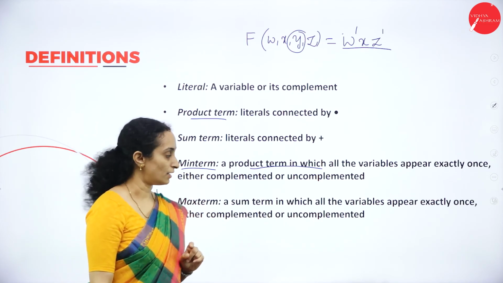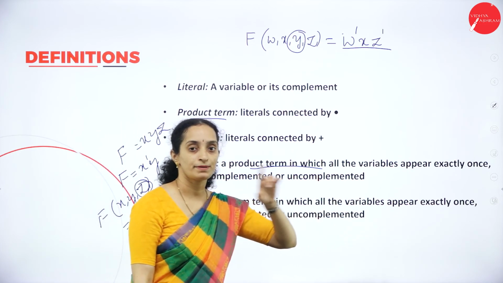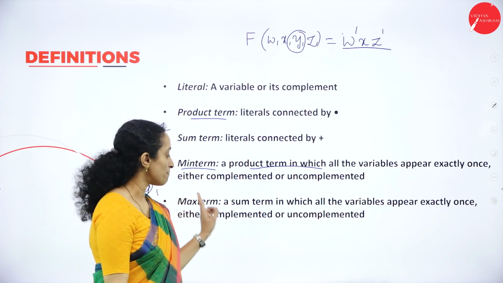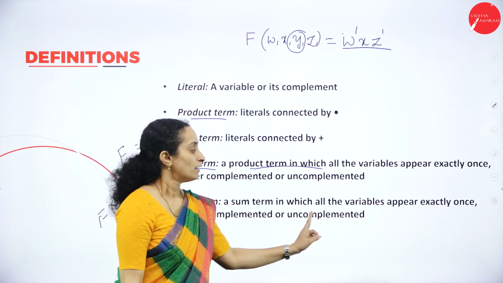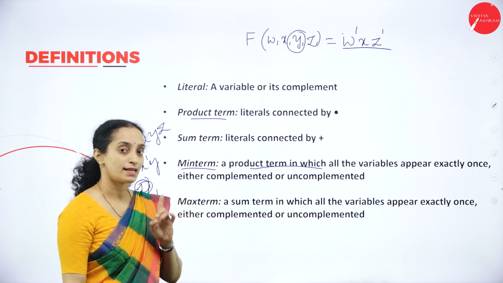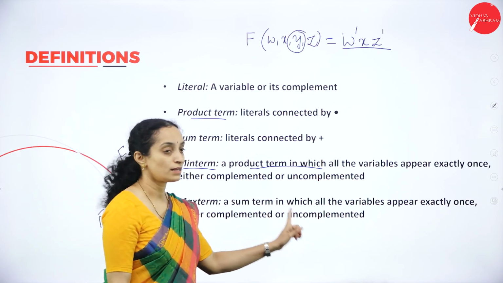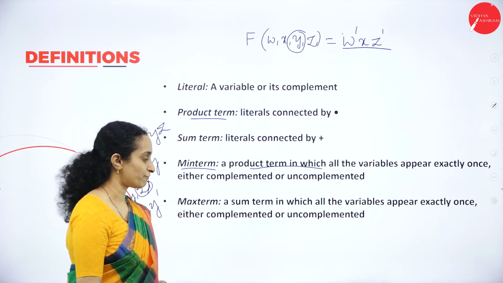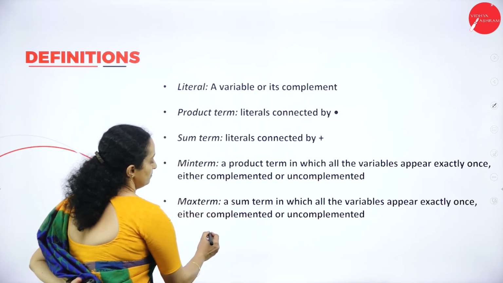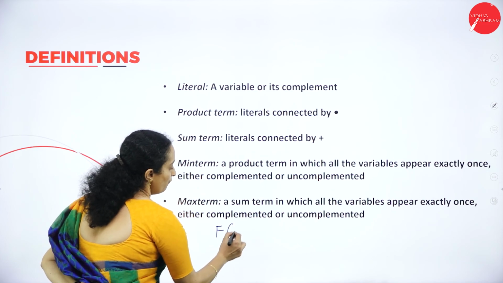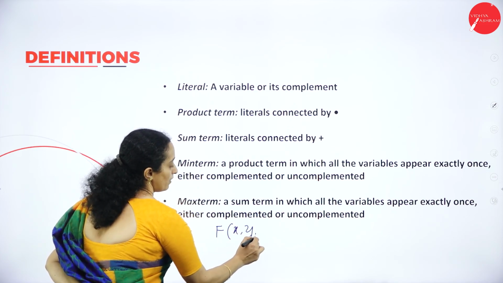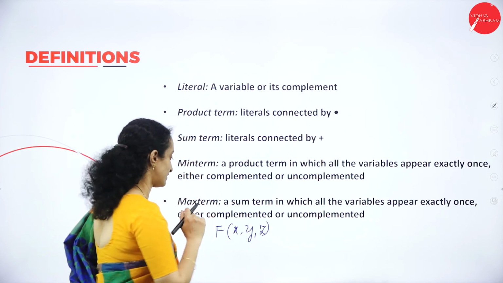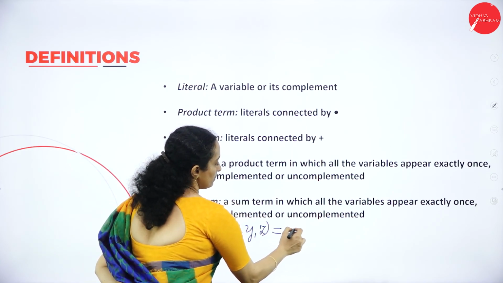It is a sum term in which all the variables appear exactly once, same as the min term. In a max term also, all the variables must appear exactly once, either in complemented or uncomplemented form. Take the expression f of x comma y comma z, that means the function has three literals.